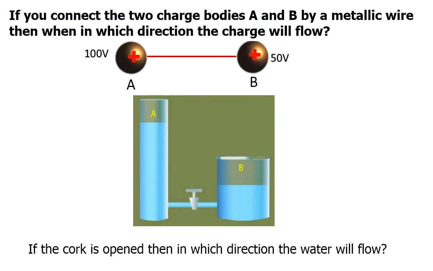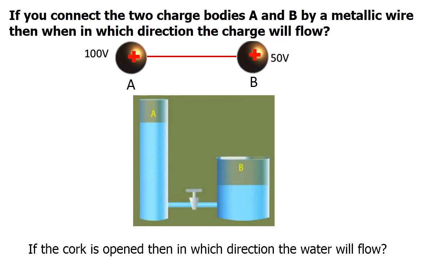Though the amount of water is more in the wider cylinder, here the density of water in cylinder A is more. So if we open the cork, in that situation the water will flow from cylinder A to cylinder B. That means current or electricity will always flow from higher potential to lower potential.